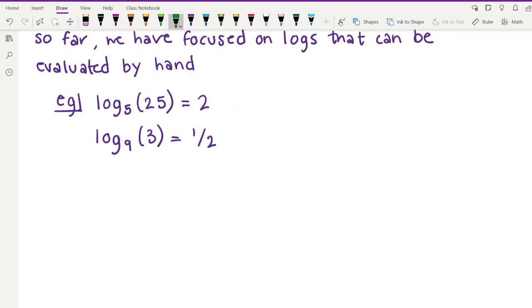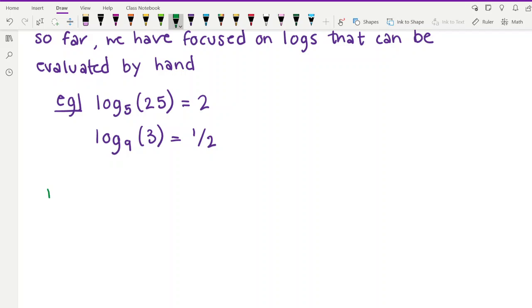Remember when we learned about logarithmic functions, the domain of a logarithmic function is all numbers greater than 0. If you think about what the graph looks like, it has that vertical asymptote at 0, and then everything else is filled in. What that means is that you can evaluate a logarithm for any number greater than 0.